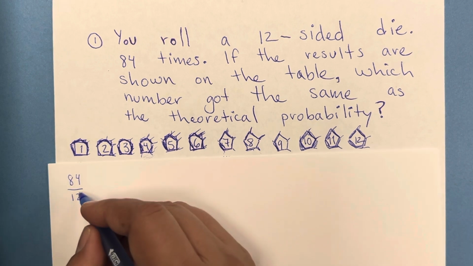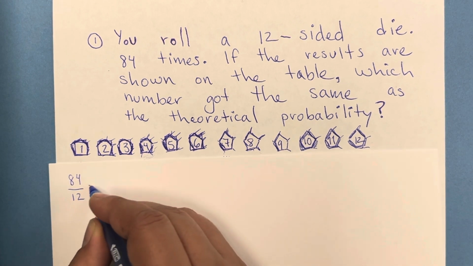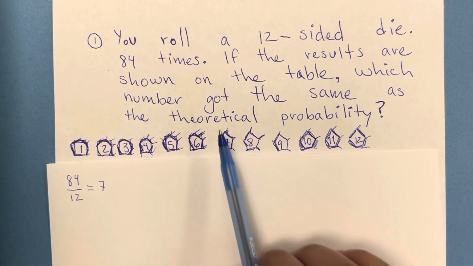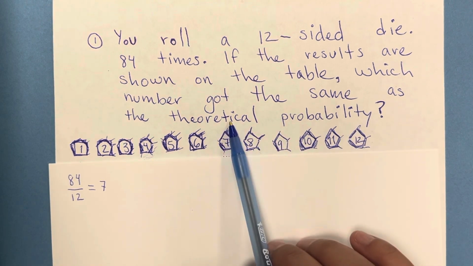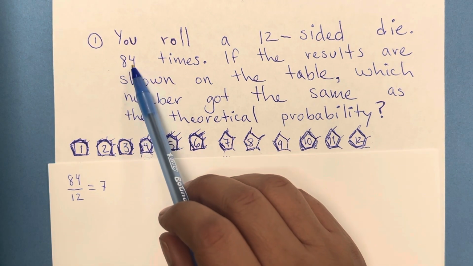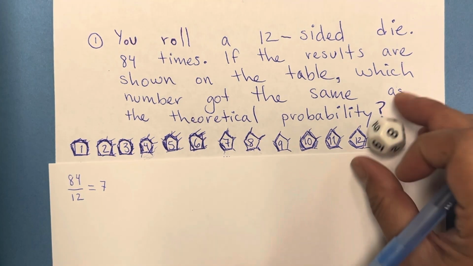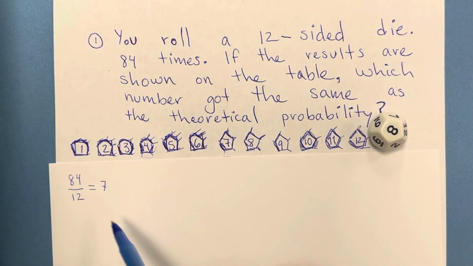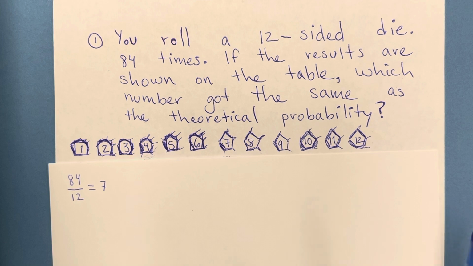Okay, and when we divide 84 by 12, we get 7. What that means is that theoretically, if we roll it 84 times, the die would fall on each one of those numbers 7 times. Now, this is what happened.